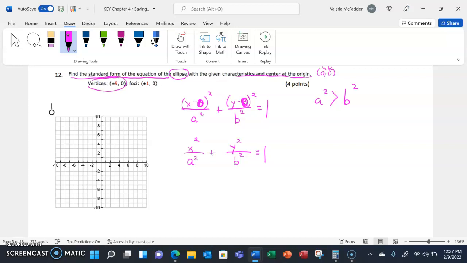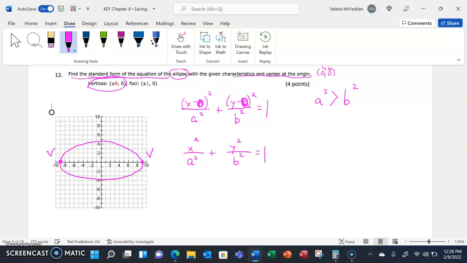Okay, it says the vertices are negative 9, 0, and positive 9, 0. Positive and negative 9, and then 0 on the y-axis. So we're going to put our two vertices on our graph paper, and the vertices are always the endpoints of the major axis.